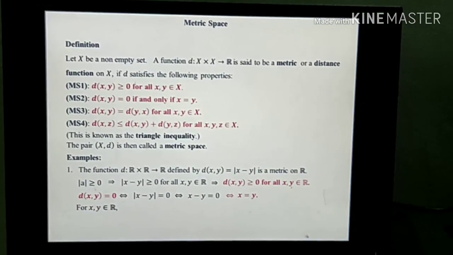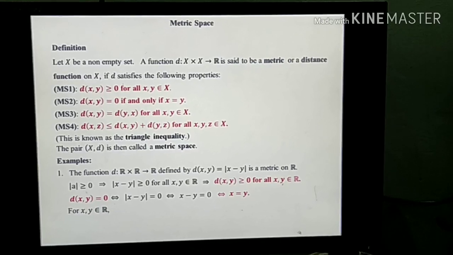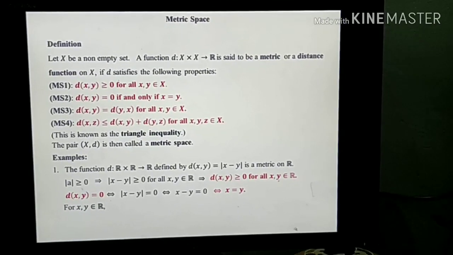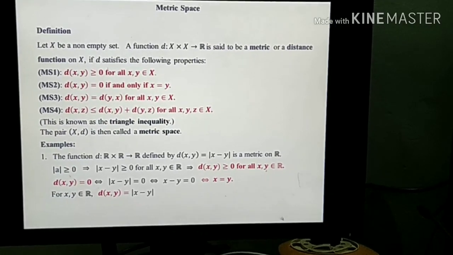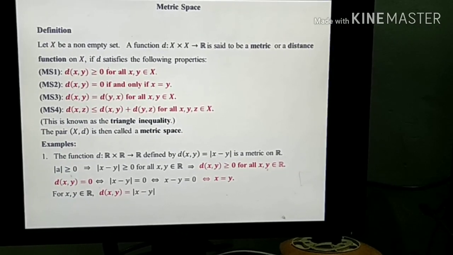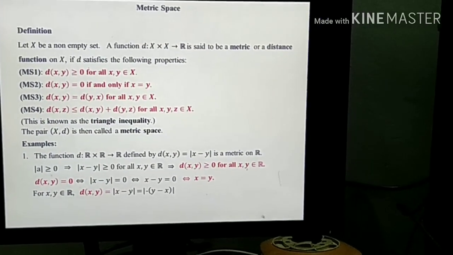Now for the third property we have to consider any two elements of R. For x, y belongs to R, d(x,y) is equal to mod x minus y. Now this x minus y can be written as minus into bracket y minus x.